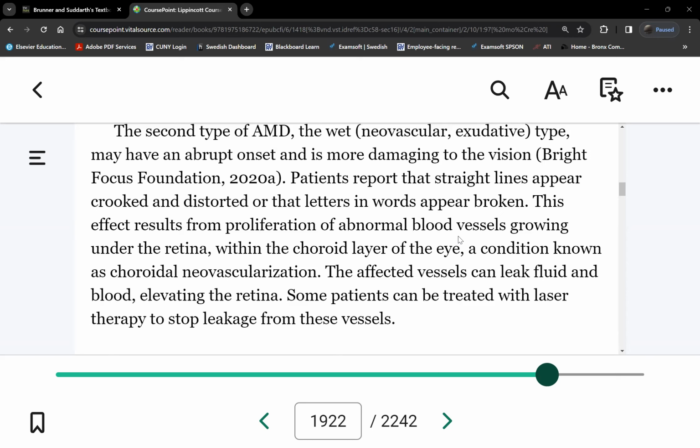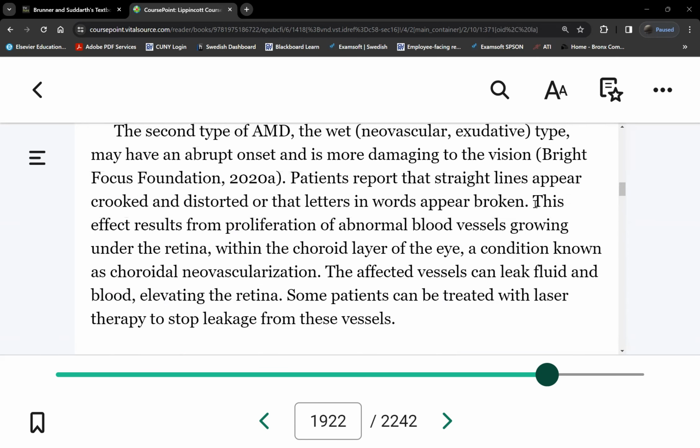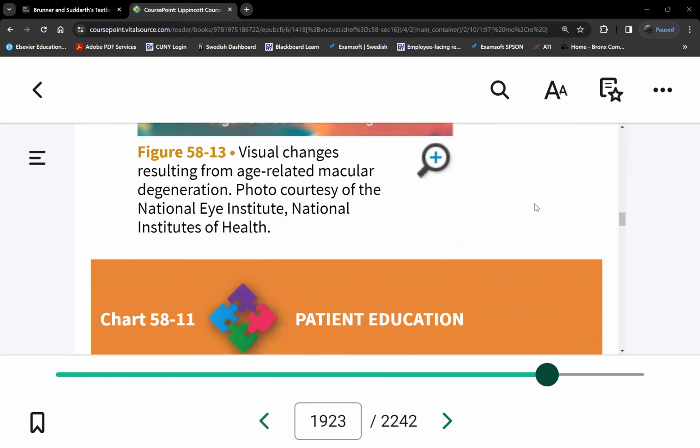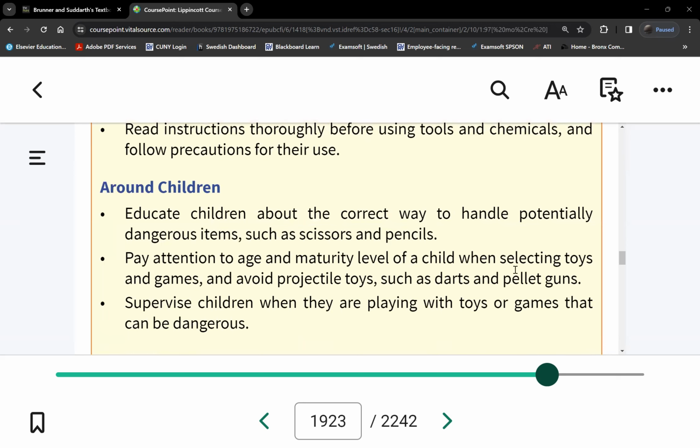It prevents the growth of these abnormal blood vessels, and that's the treatment for wet macular degeneration. To stop the leakage of those vessels, they can do laser, or again, there's a drug they administer, which is like a chemo drug. And that's it for eye disorders.